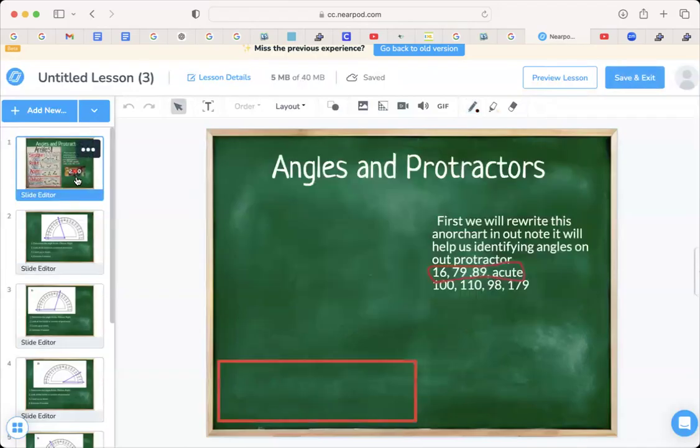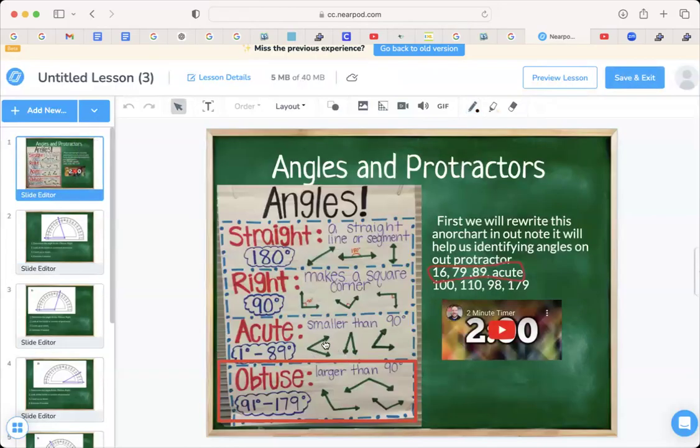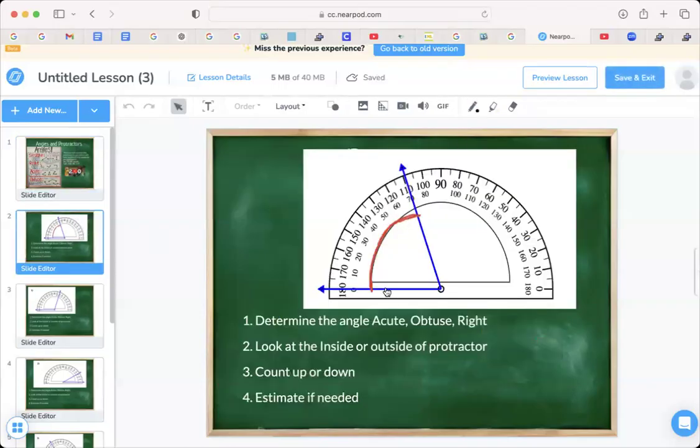If we go look at our angles here, acute angles were small, obtuse angles, the space in between them were large, really big spaces in between the two arrays. So this is not an obtuse angle. This is a acute angle.